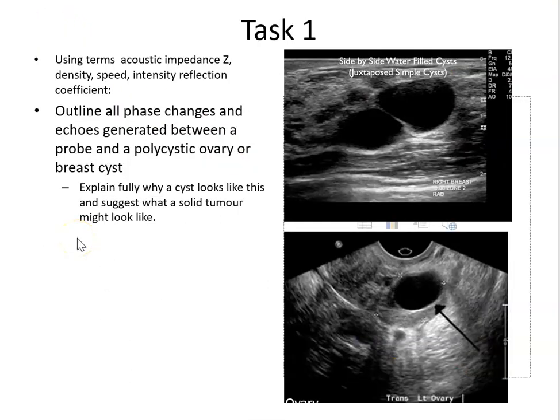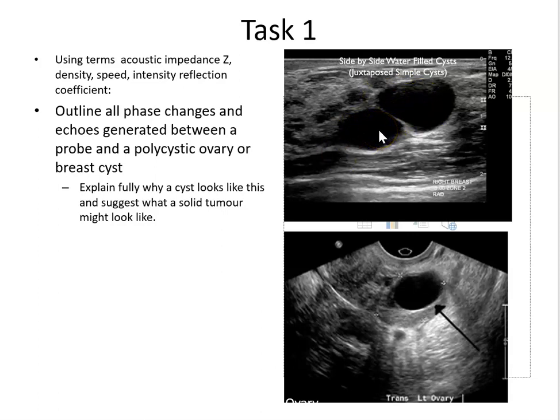Okay, so I've covered all the theory of ultrasound. What I want you to do now, because this is the sort of thing I might ask on the exam, is using terms of acoustic impedance, Z, density, speed, intensity, and intensity reflection coefficient, draw a diagram to outline all of the phase changes in imaging, in this case, a polycystic ovary or just a fluid-filled cyst.